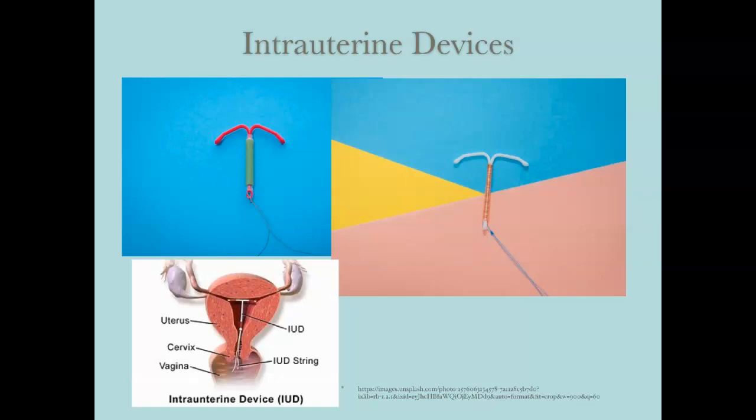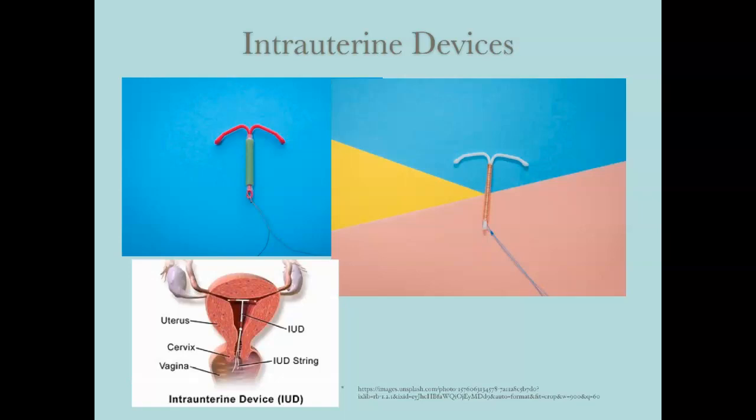An IUD insertion is not something you want to force because you can perforate the uterus. But you can see it definitely is an invasive type of process. And so that makes a difference. Anytime you go through the cervix, it can cause some cramping, sometimes some bleeding. So I'll tell women you may experience some cramping as we're putting this in.